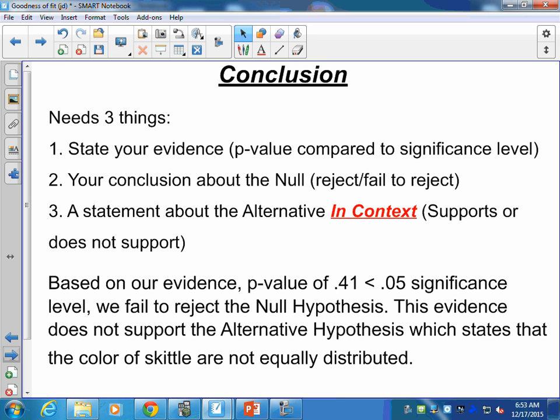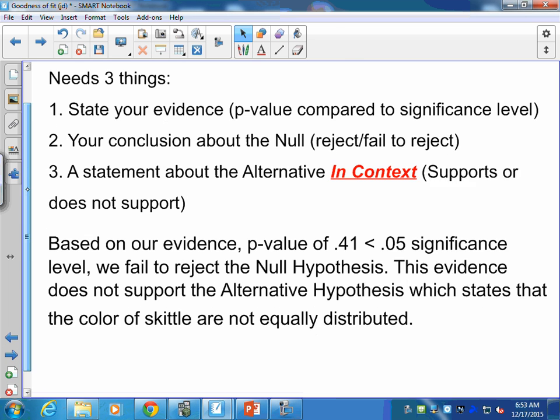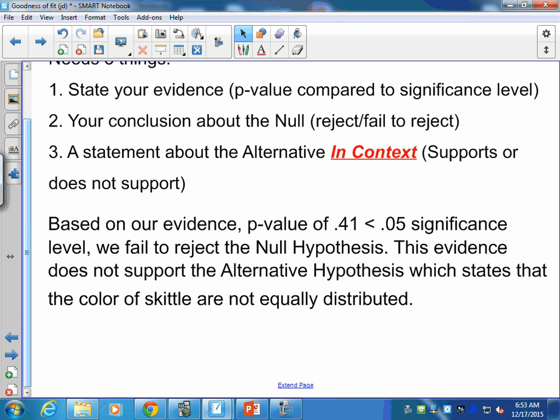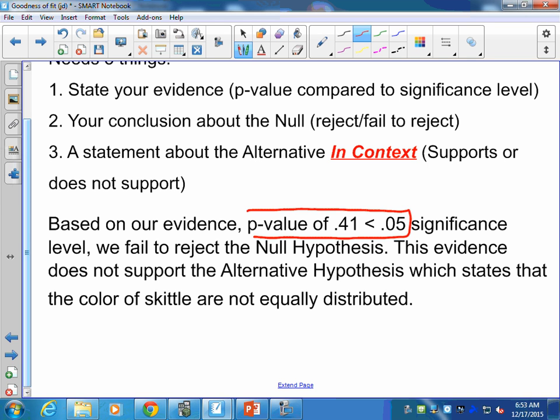So we need to state our evidence, our conclusion about the null, and a statement about the alternative in context. Based on our evidence, always compare your p-value to a significance level. In this case, we're going to fail to reject because this is a fairly common occurrence to get the Skittles in this proportion.